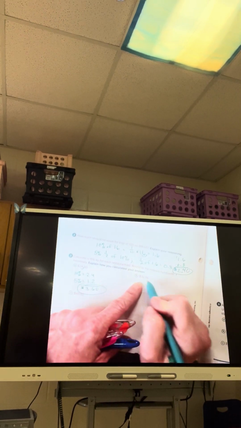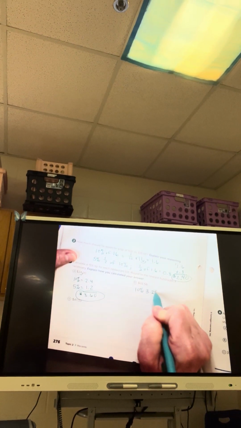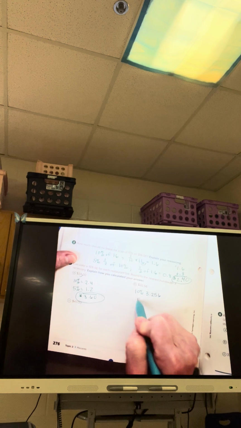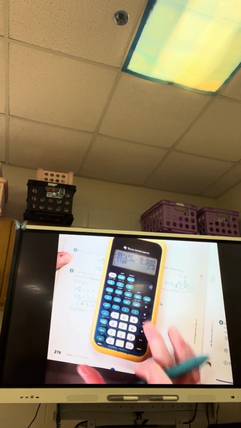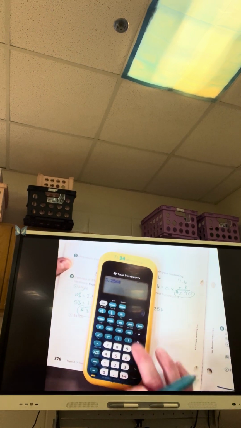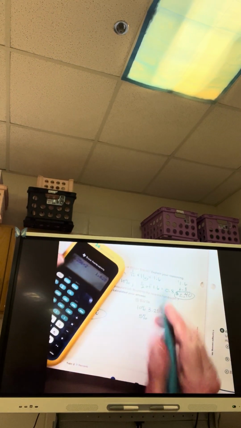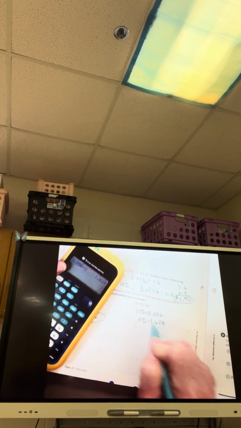Here, this is an ugly one. 10%, move the decimal once, so it's 3.256. And then 5% is half of this. Well, I'm just going to use my calculator because that is a crazy number. So if I'm finding half of something, I just divide it by 2. 1.628. And then I put these two together.